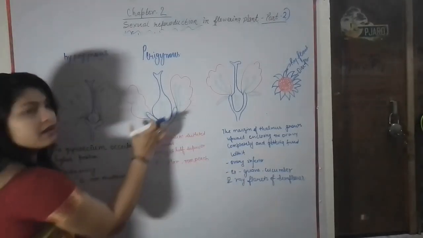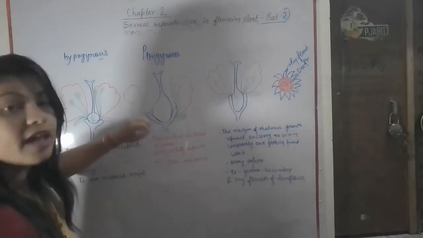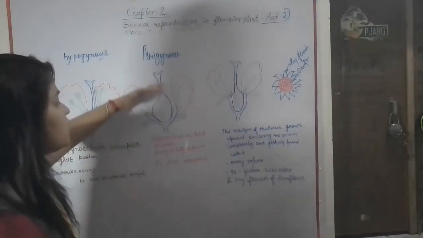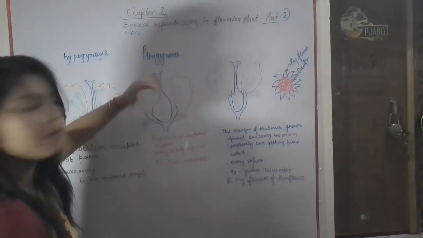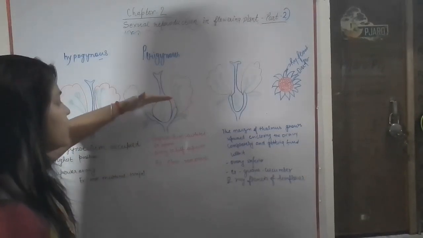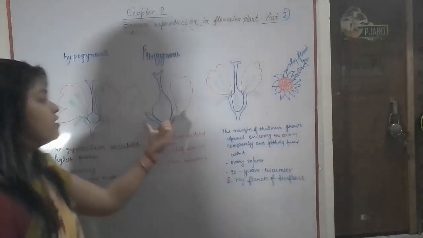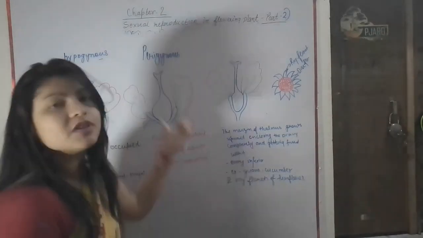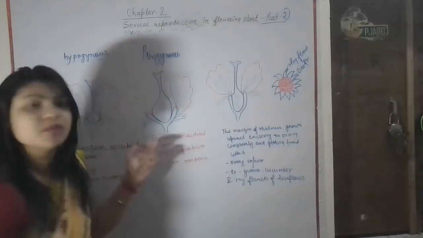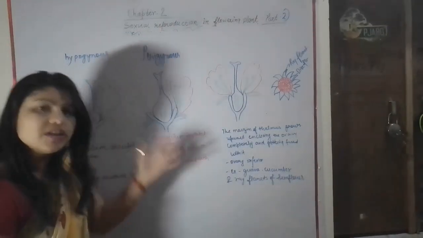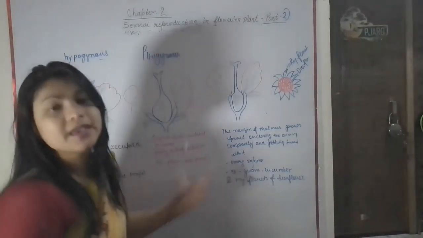If you see here, what I want to explain is that this is the part of the thalamus, right? The ovary is situated deep in the thalamus, not fully deep, but half deep. The thing which arises here, you can see, is the rim. From the rim of the thalamus, the calyx, corolla and androecium arise. So that type of ovary is nothing but the half superior ovary.